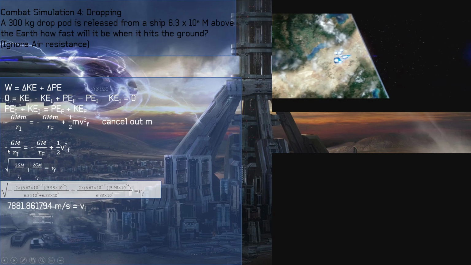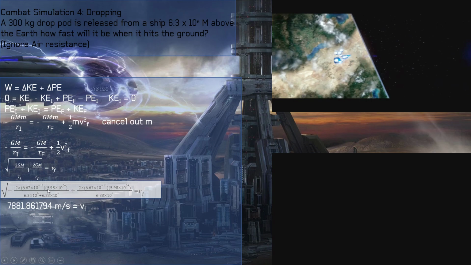Negative GM over r initial is equal to negative GM over r final plus 1 over 2 v squared. Isolating for v leaves us with this equation: the square root of negative 2GM over r initial plus 2GM over r final.